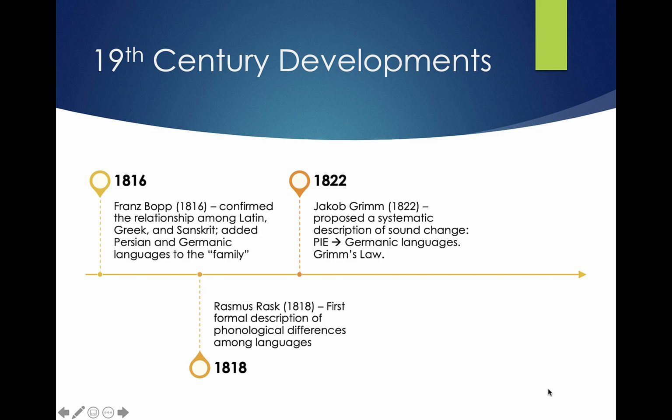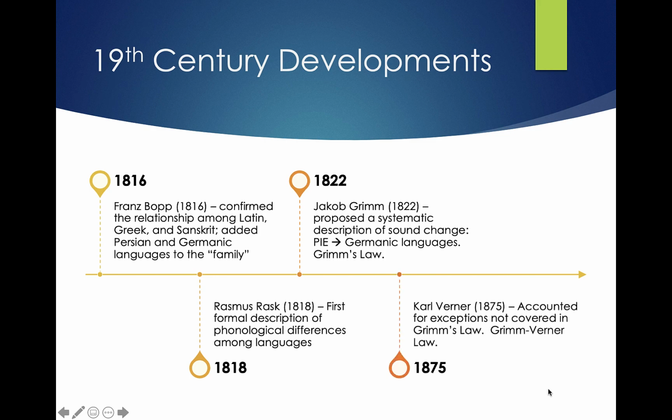This principle, which we will be discussing in future lectures, is called Grimm's Law. Grimm's Law had certain exceptions that Jacob Grimm could not account for. It took more than 50 years for another Danish linguist, Carl Werner, to discover the underlying pattern in these exceptions and incorporate them into the law, now the Grimm-Werner Law.